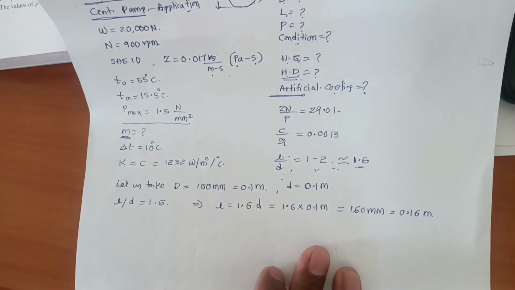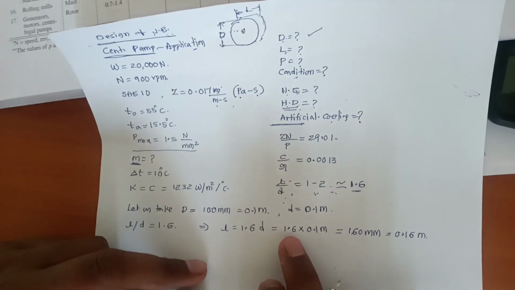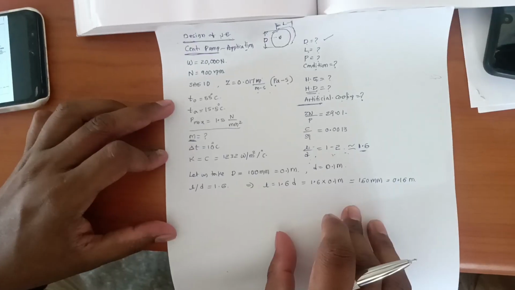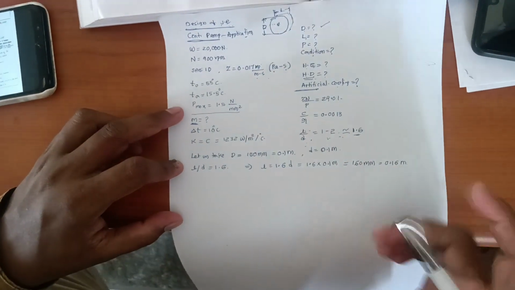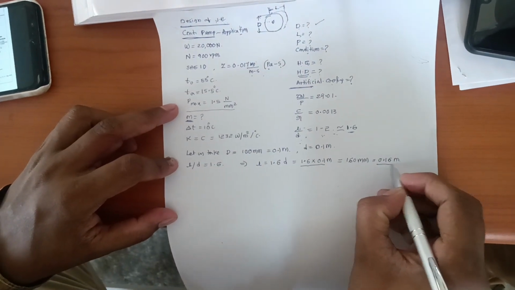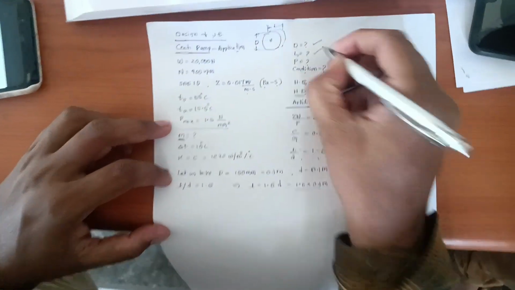You can solve using a calculator: 1.6 into 0.1. So the L value is 0.16 meters or 160 mm. Okay, so L is over.